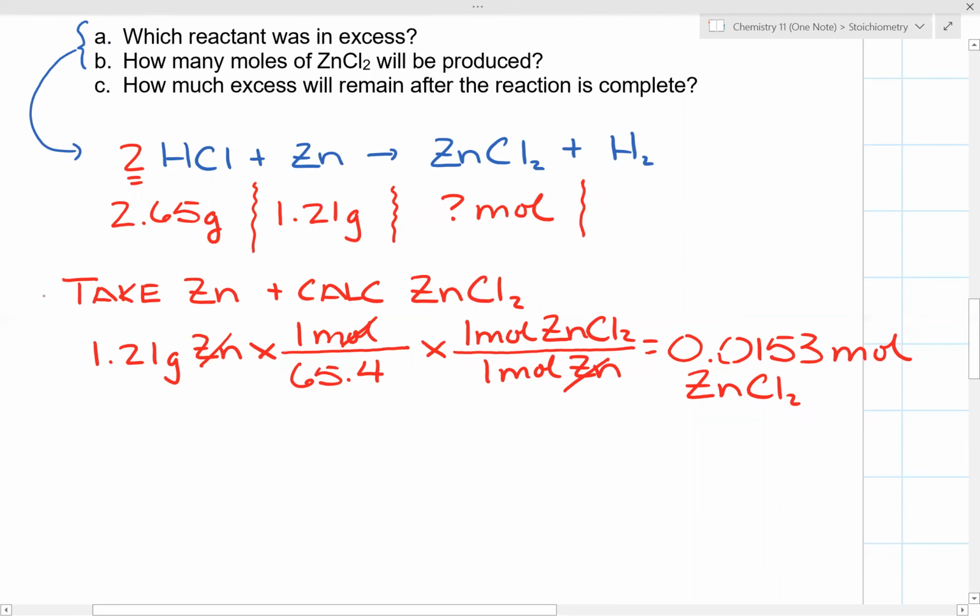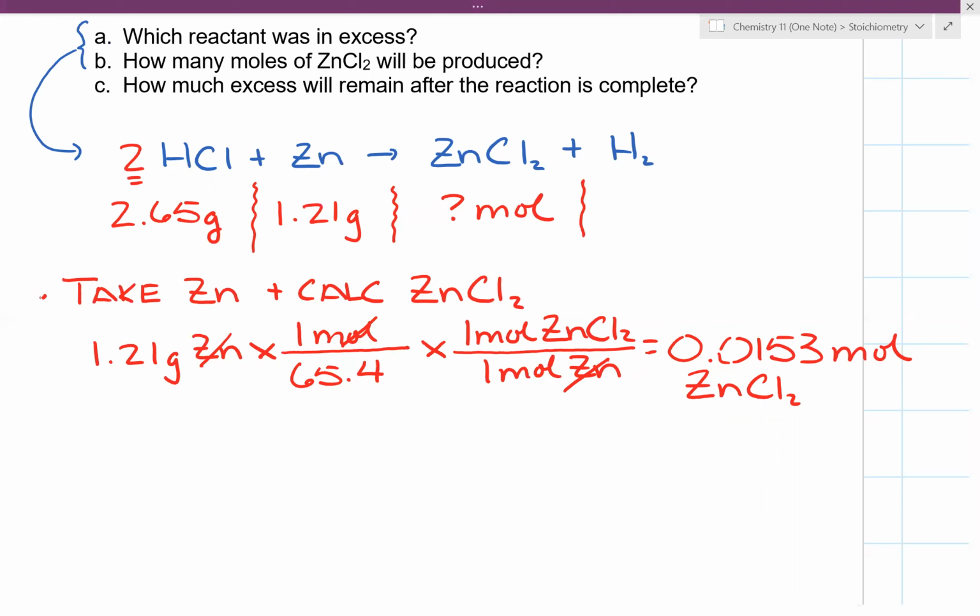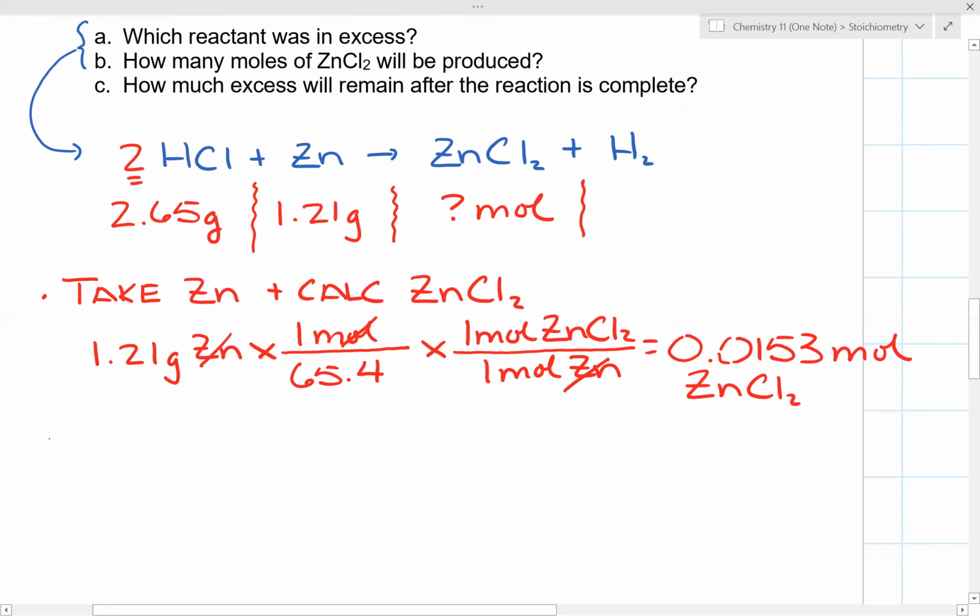Now we do the exact same thing, but instead of taking zinc, we take our other chemical, HCl, and calculate zinc chloride.